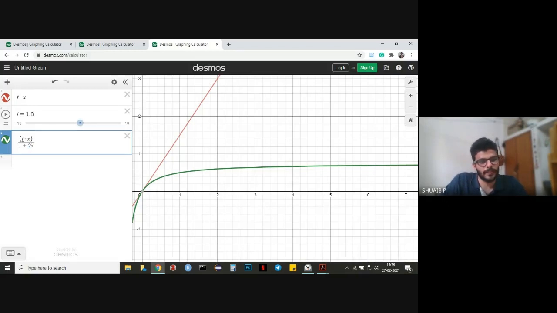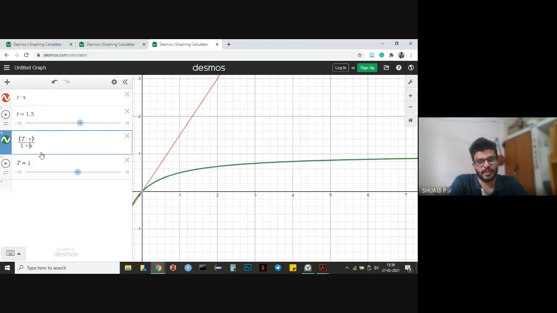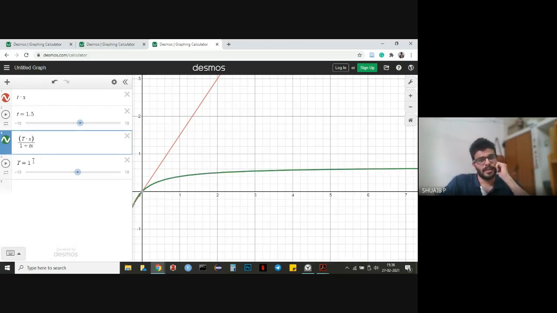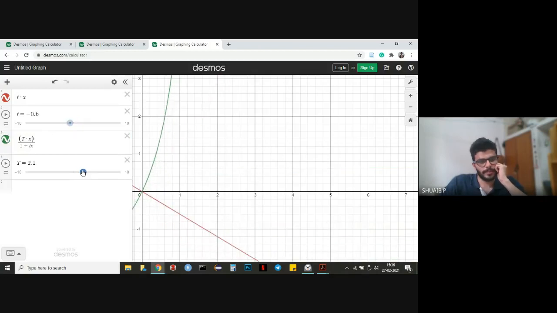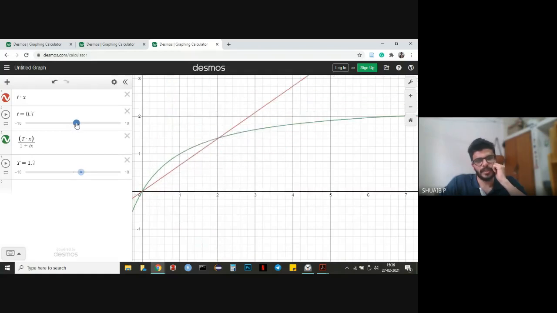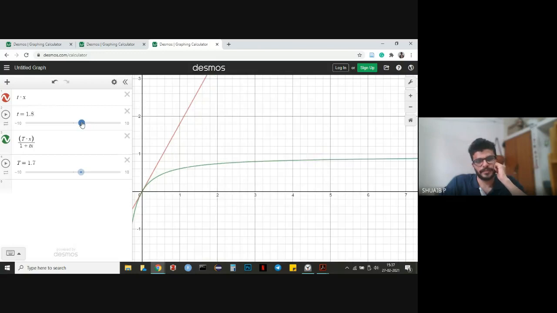So let this be capital T. Capital T would be the total time spent, where the small t would be the handling time required for the predator.